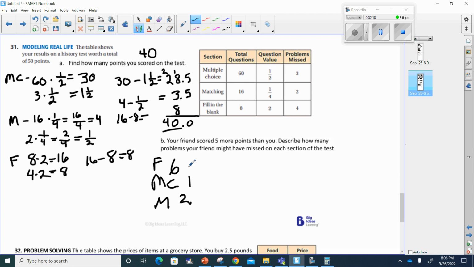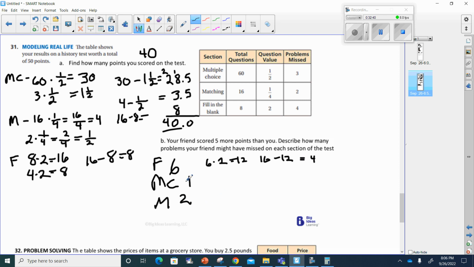All right. If this is the case, fill in the blank would have been 6 times 2, which is 12. And remember, for fill in the blank there was 16. So 16 minus 12 equaled 4.